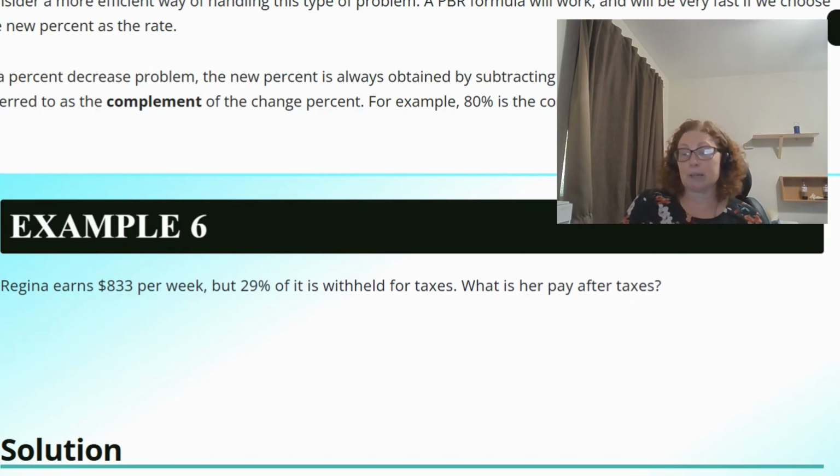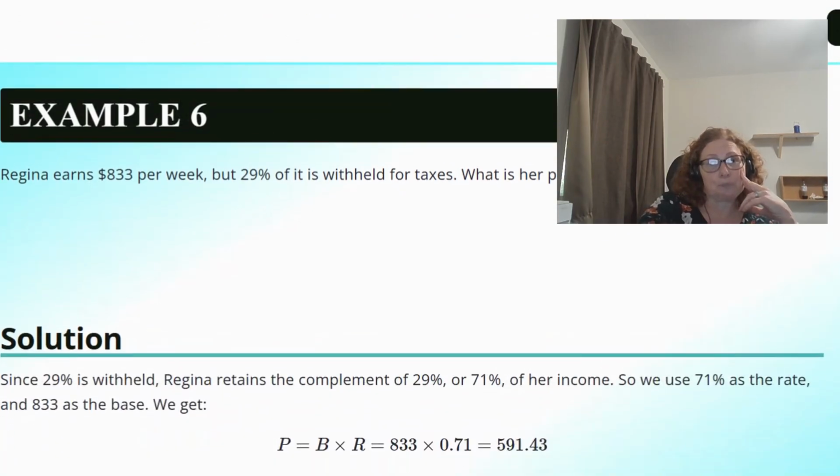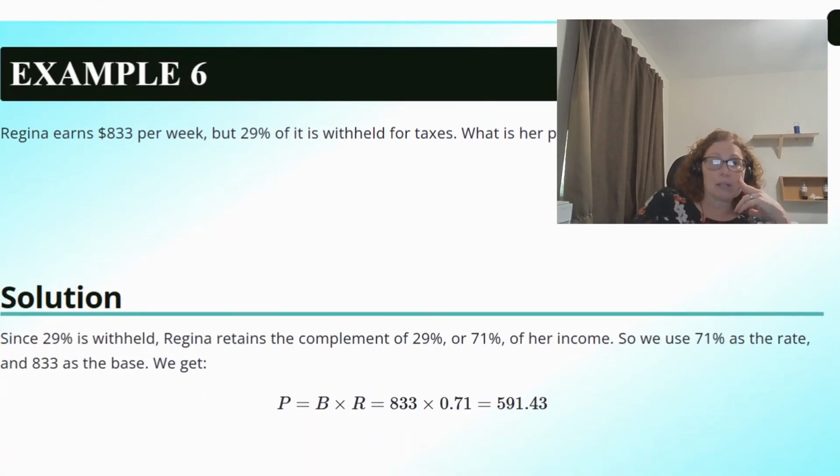And that's your complement. So for example, 80% is the complement of 20% because 100 minus 20 is 80. So when we look further into that, this is why we want to think about that.